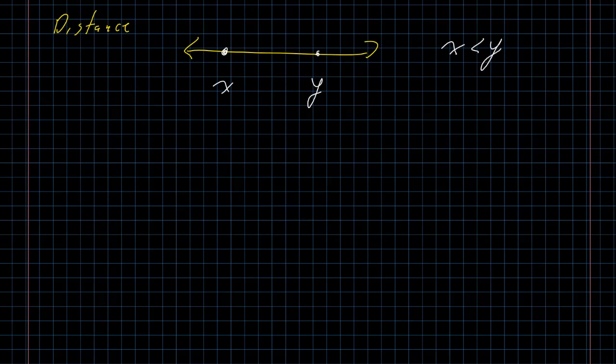Number lines always have smaller numbers to the left and larger numbers to the right. And so the distance between x and y is y minus x. We know that's the order we want to put it. Larger number minus smaller number.